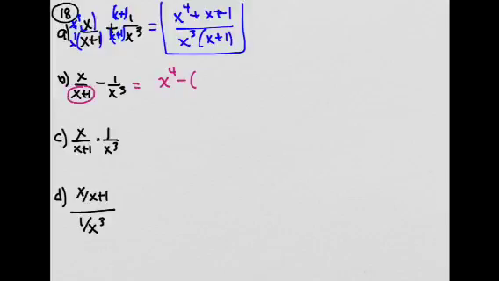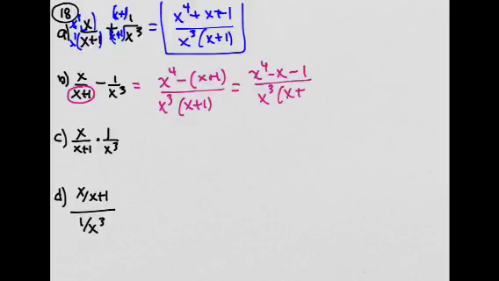It's a binomial. So minus x plus 1 over x to the 3rd times x plus 1. So I'm going to distribute the negative, so I get x to the 4th minus x minus 1 over x cubed times x plus 1. So here is the final answer.